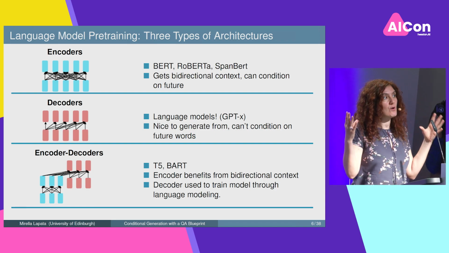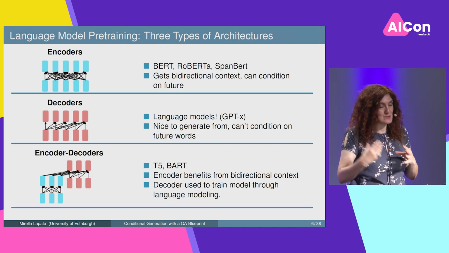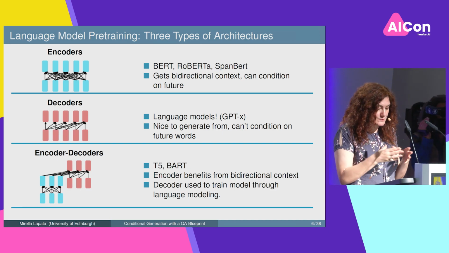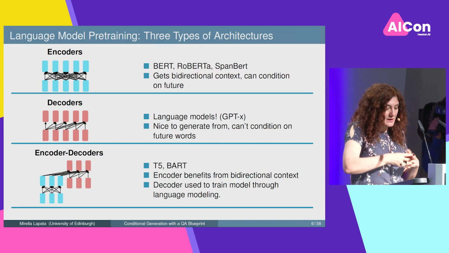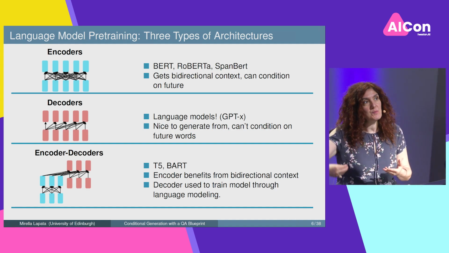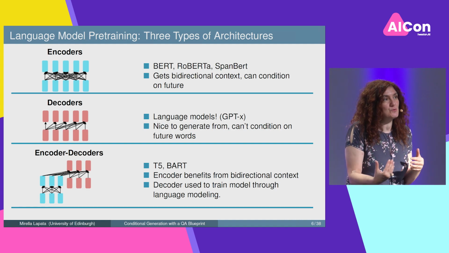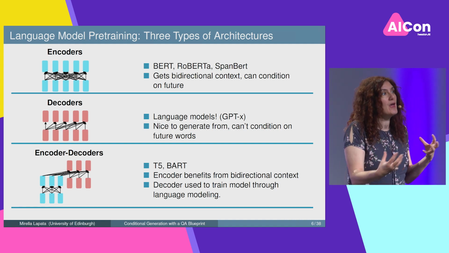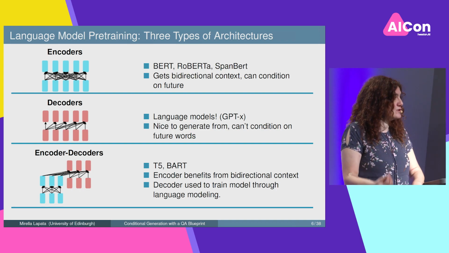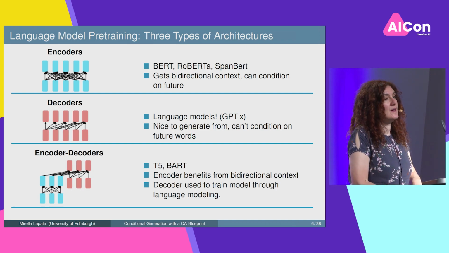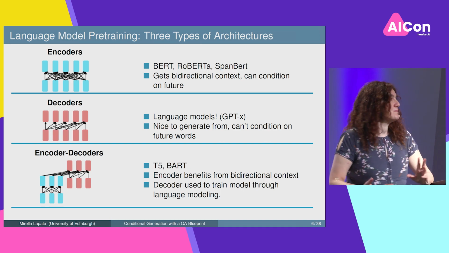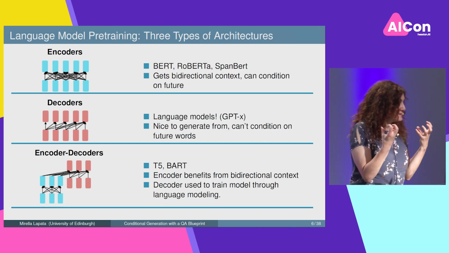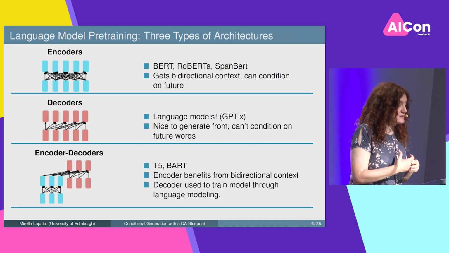Then we have decoder-only models. This is GPT, or any sort of GPT variant, where you generate, but you really cannot condition on future words. And the problem with decoder-only models is you have to have ways of actually forcing it to see your input. People do this with prompts, but there is no mechanism to do this conditional generation.